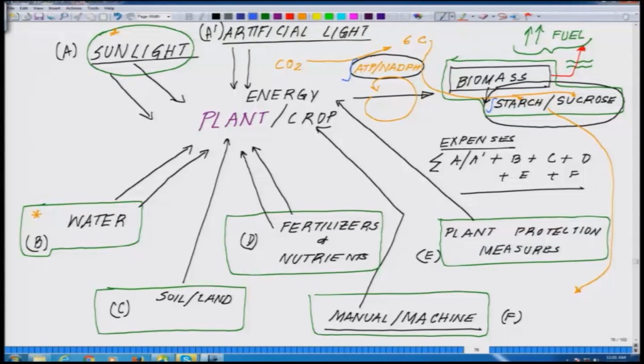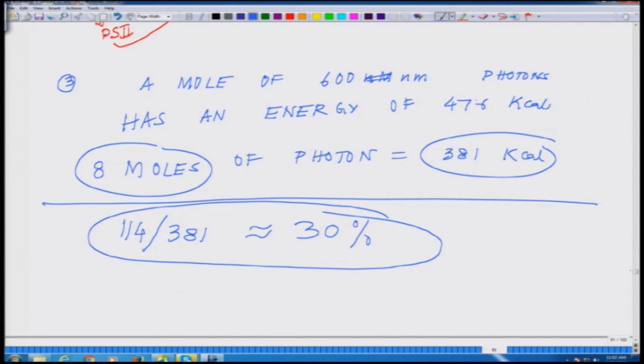Of course, barring a few parts, what we talked about is the water and sunlight, involved in the form of photons, and the energy needed to convert CO2 to 6 carbon.